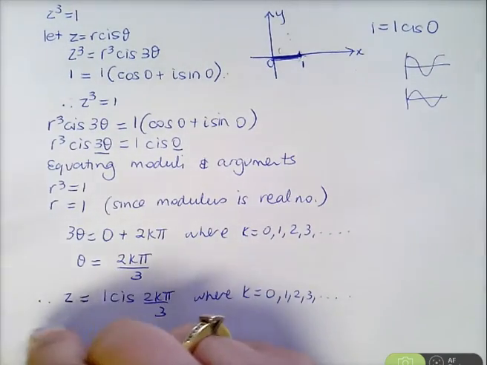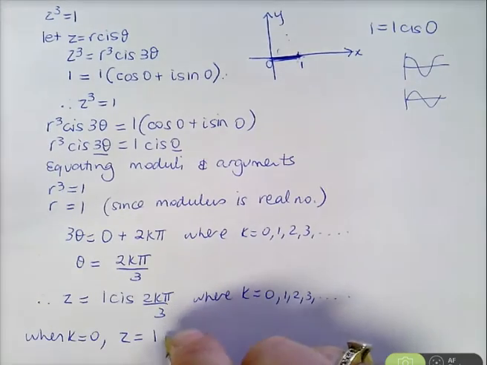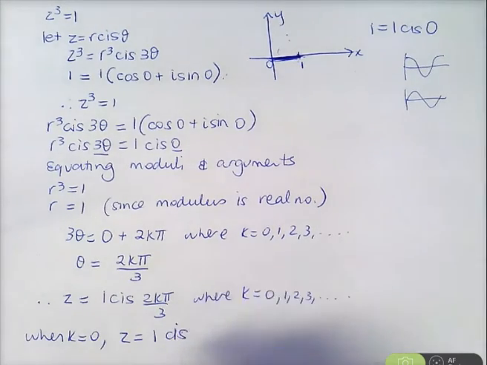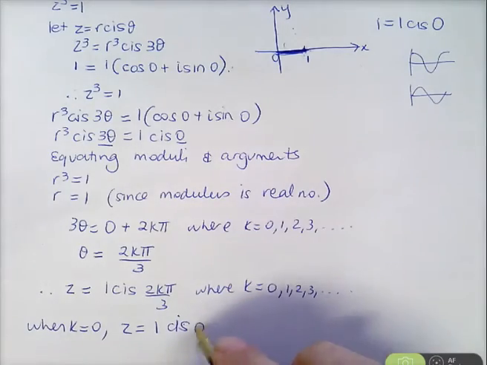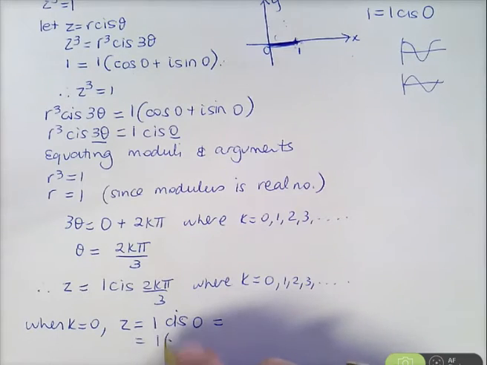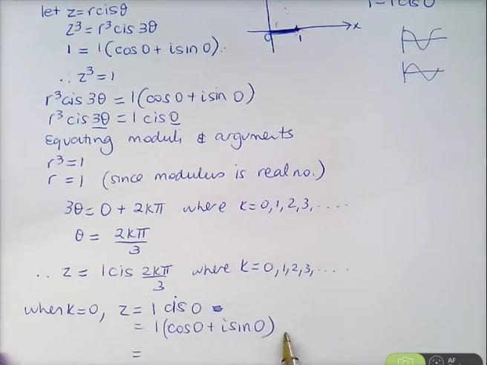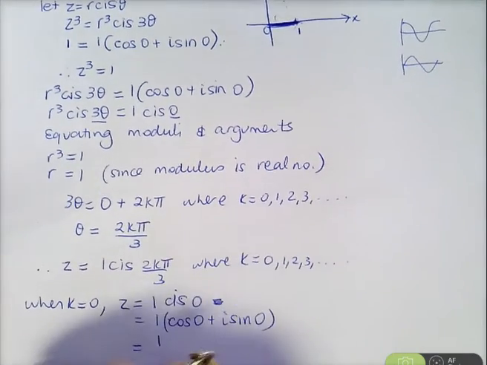When k equals 0, we get z is 1 cis 0, which is 1 cos 0 plus i sine 0. Now cos 0 is 1, sine 0 is 0, so we get 1.